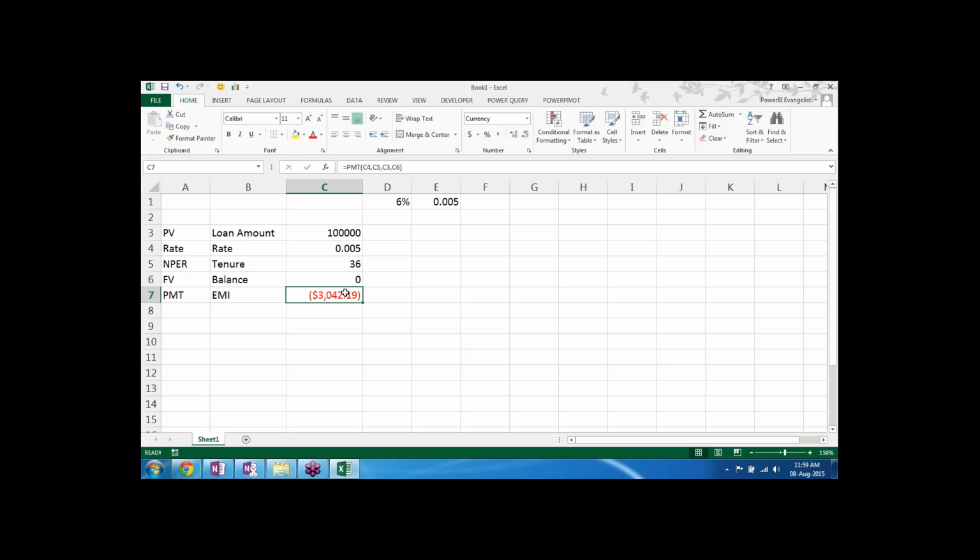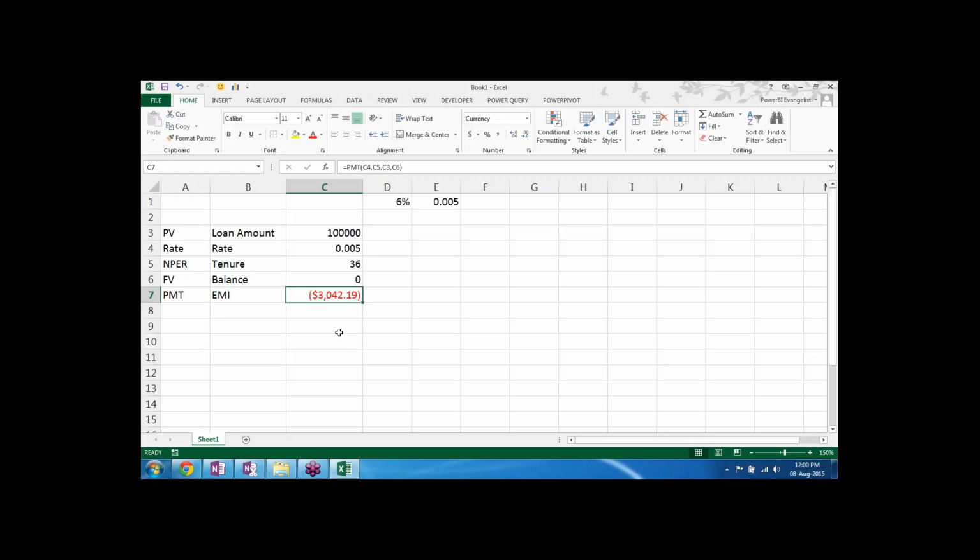Now there are certain things we have to understand over here. First of all, just understand why this red color mark is there. This red color denotes that this number is negative. In finance terms, anything that is negative is written in red color and in brackets.